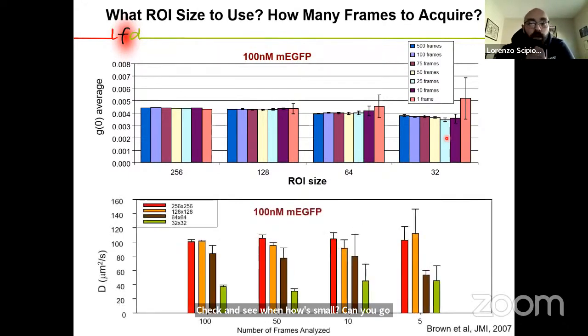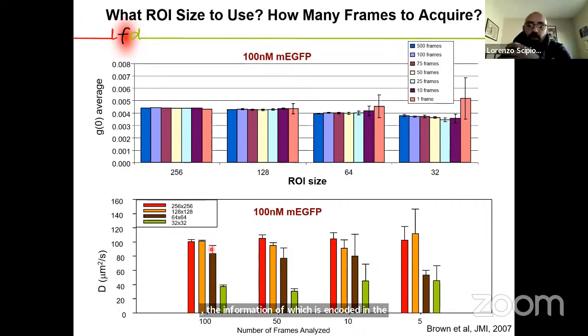And this is even more important when you're looking at the diffusion coefficient, right? If you go from 256 to 128, it's typically all right. At 64 by 64, you're getting a smaller diffusion coefficient, because you're cutting the fast diffusion, the information of which is encoded in the tails.